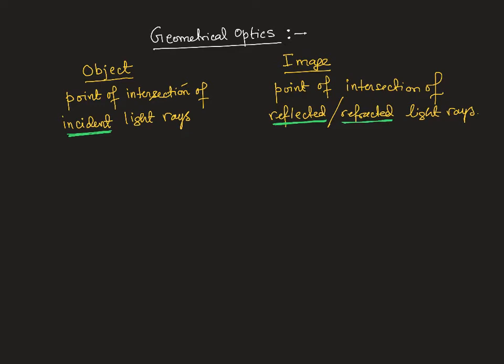Now we are talking about, say, mirror. Okay. Now you know, there can be an object, and the image may be real or virtual.